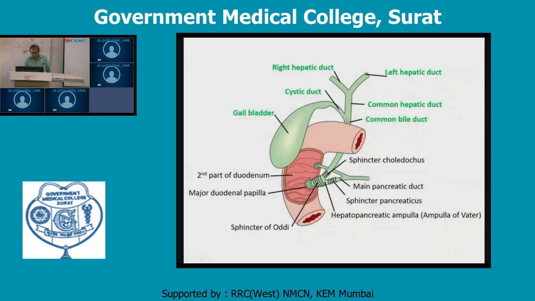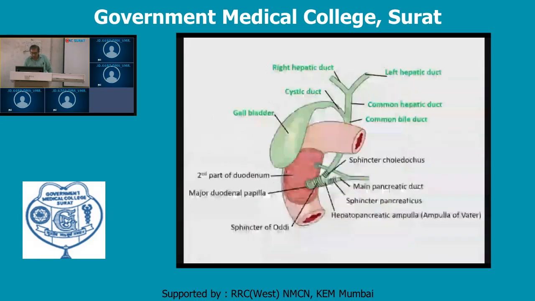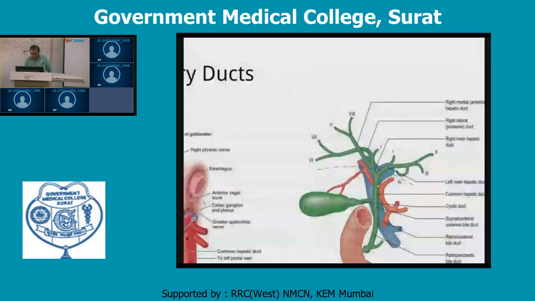Now this supraduodenal part lies within the right free margin of the porta hepatis, the right free margin of the lesser omentum. Over the left side of that is the proper hepatic artery, and behind that is the portal vein.